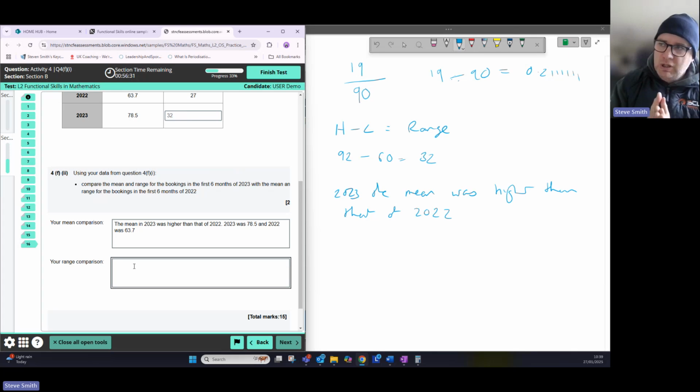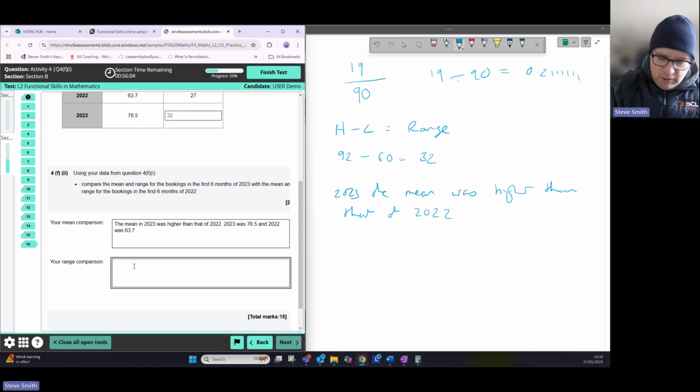Comparison for range. They are looking for the word consistent. Or if you say that the range in 2022 was 27, which is lower than the range in 2023, they'll probably accept that. But they're really looking for the word consistent to be used. And we can see the consistency in 2022 was more because it's a lower number, so the numbers were more consistent, they were more compact.